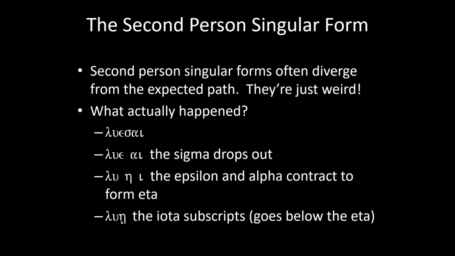So that's why we have the eta ending there. The pure endings are mai, sai, tai, metha, sthe, ntai, but we've added the eta on the second singular to help you memorize it, because you will actually see this change happen very often.